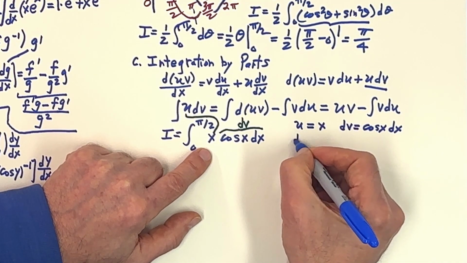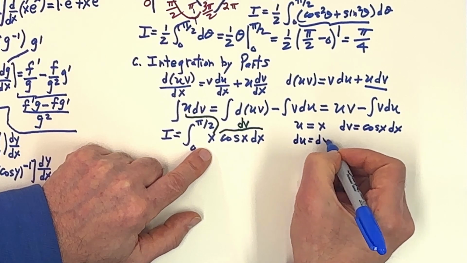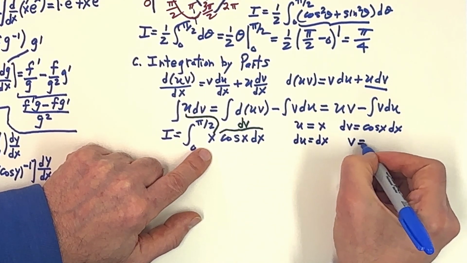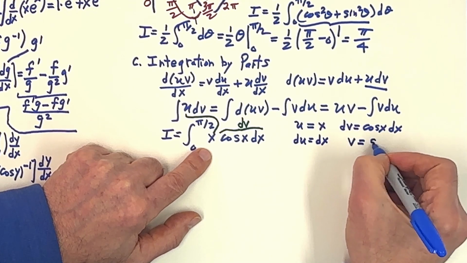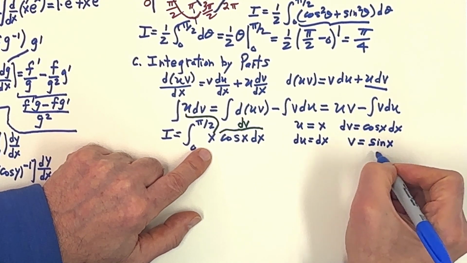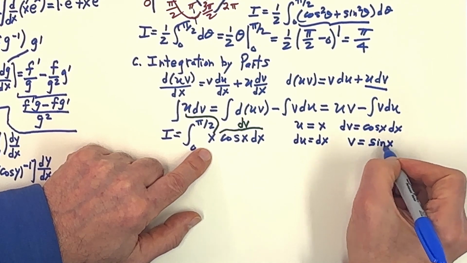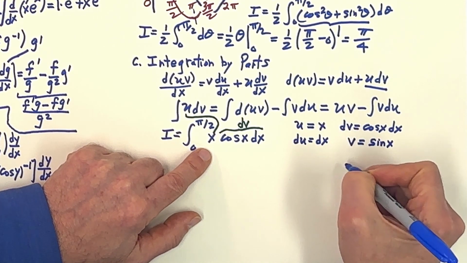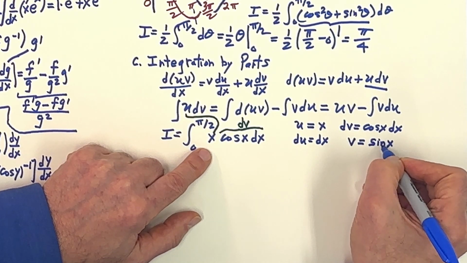So here, if I wanted a du, it would just be dx. And then if I wanted here the v, it'd be going backwards, the antiderivative, to get the sine. So if I have dv, I'd have here cosine of x dx. Think of this as dv dx is the derivative of the sine, is cosine.